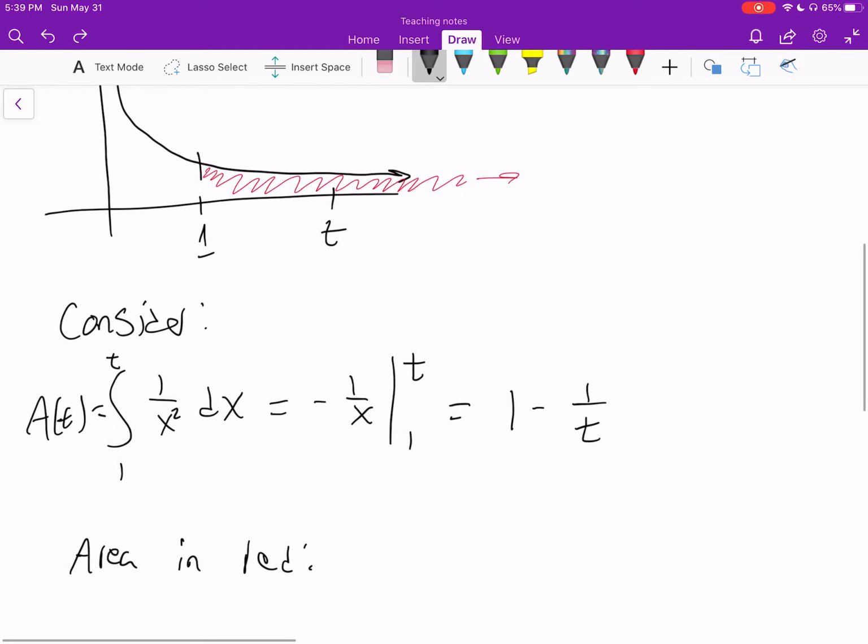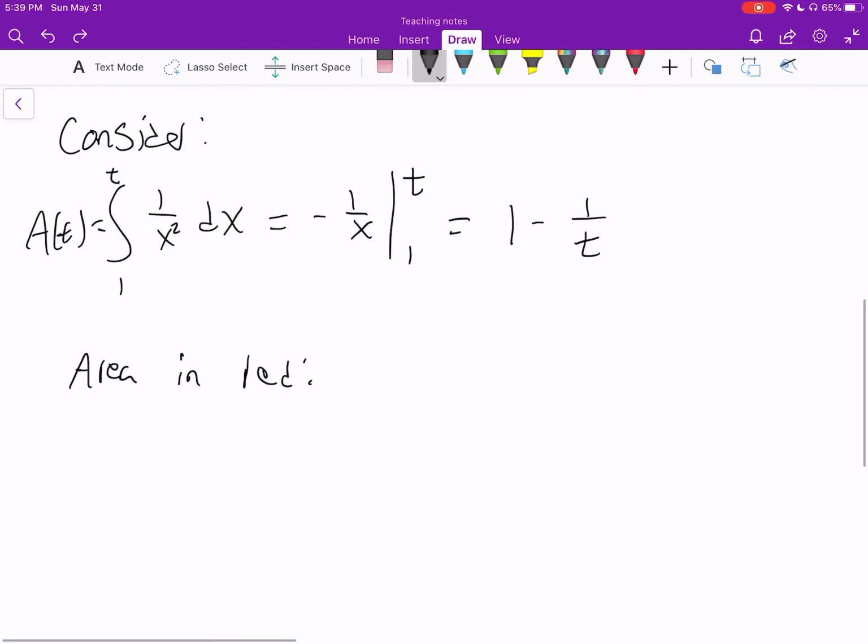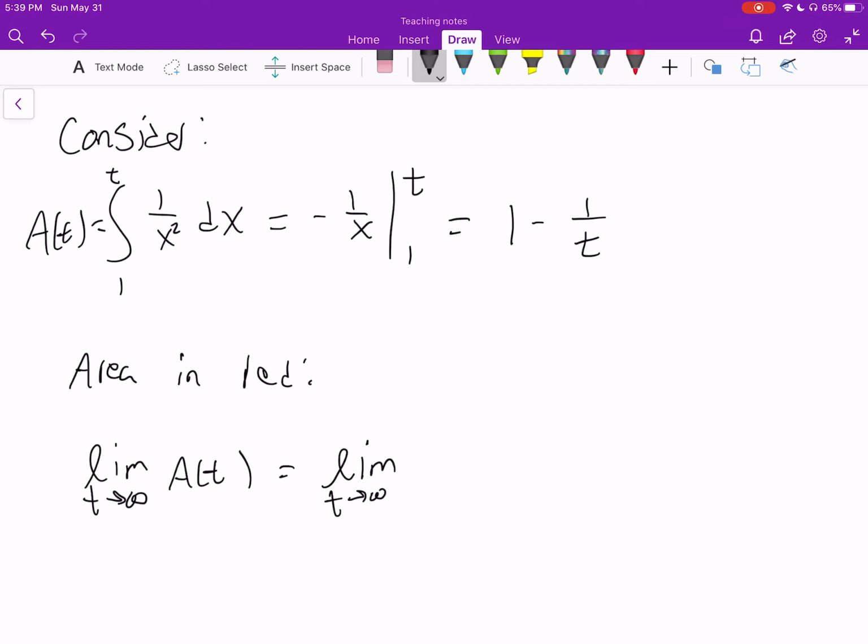So the area in red, along the entire x-axis there, is going to be the limit as t approaches infinity, and we're going to define it that way, of A of t. We've already determined what A of t is. This is the limit as t approaches infinity of 1 minus 1 over t. First term's constant, so we can ignore it. Its limit is 1, and the second one, as t goes off to infinity, is going to 0. So this area ends up being, we were able to calculate it to be 1.